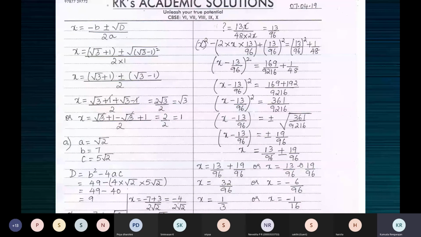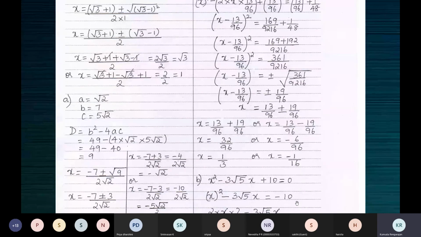So x is equal to 13 by 96 plus 19 by 96, or x is equal to 13 by 96 minus 19 by 96. Simplify. So this becomes 1 by 3. This becomes minus 1 by 16. So these are the two values of x.